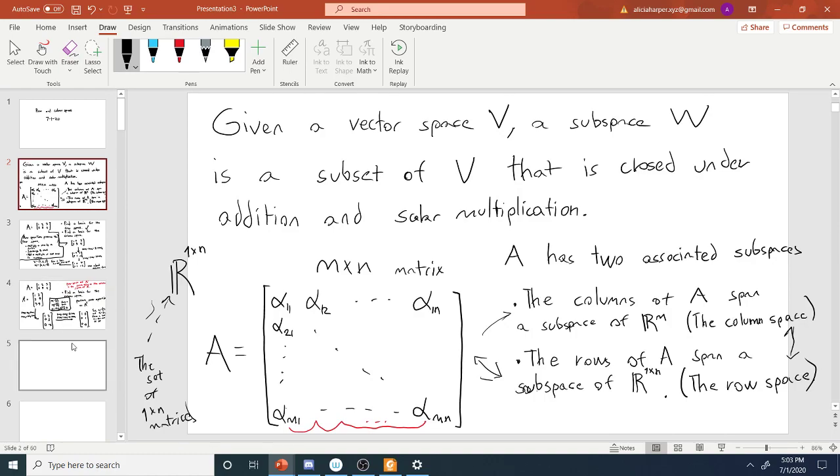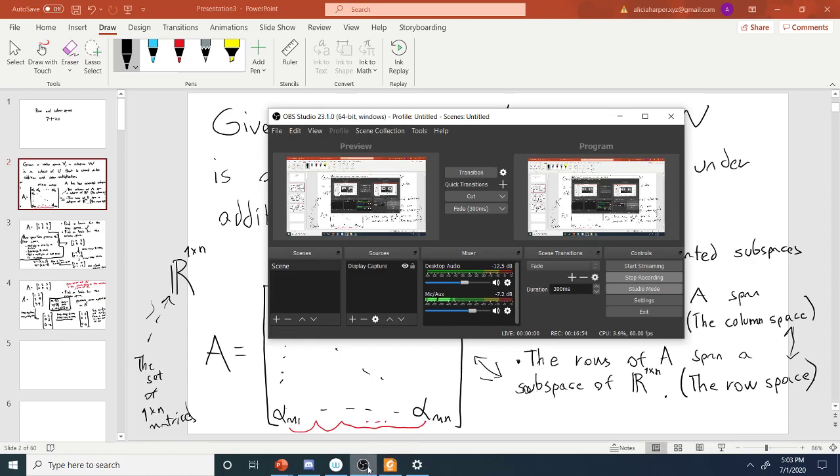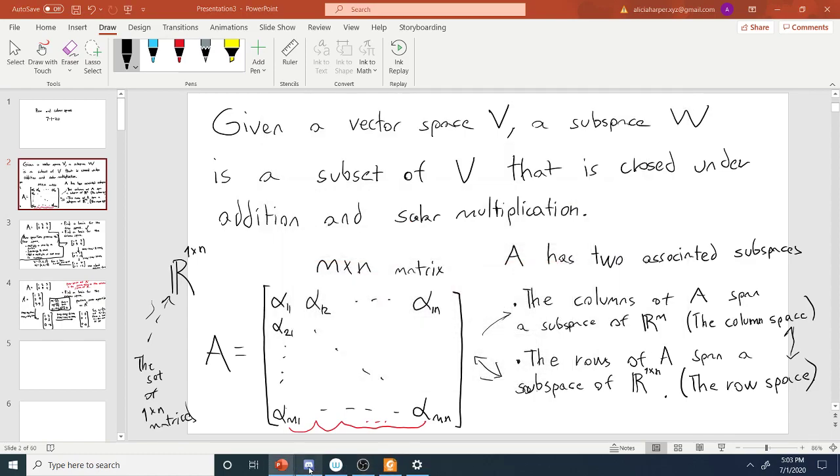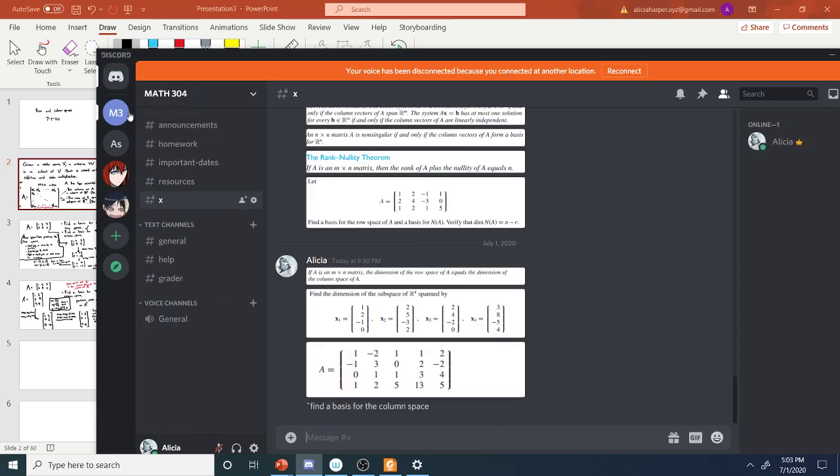The next thing I want to do is get into the theory associated to row and column spaces.